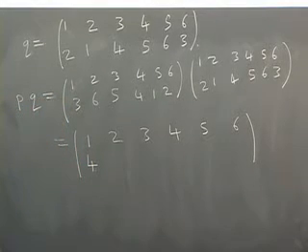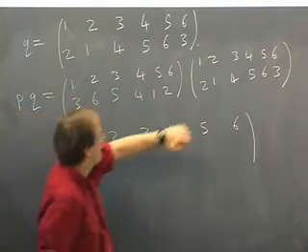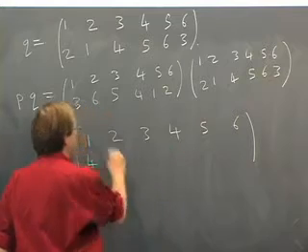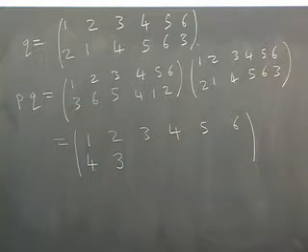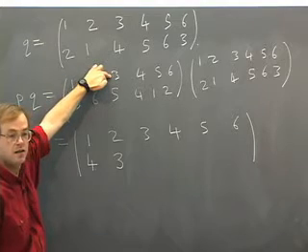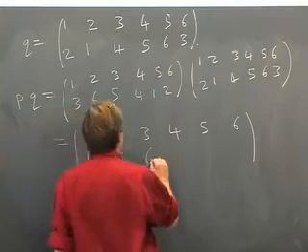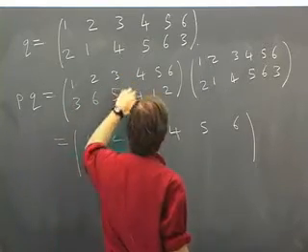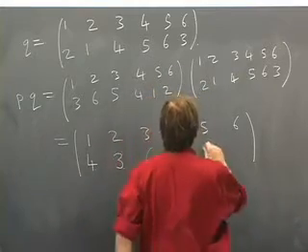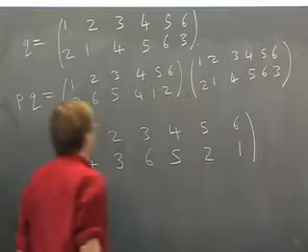So it's 1, 4. Similarly, 2 under P goes to 6, and then under Q, 6 goes on to 3. So I would write a 3 here. Does somebody want to tell me what I write underneath 3? 6. Thank you. And 4 goes to 4, goes to 5. 5 goes to 1, goes to 2. 6 goes to 2, goes to 1. I haven't made a mistake.